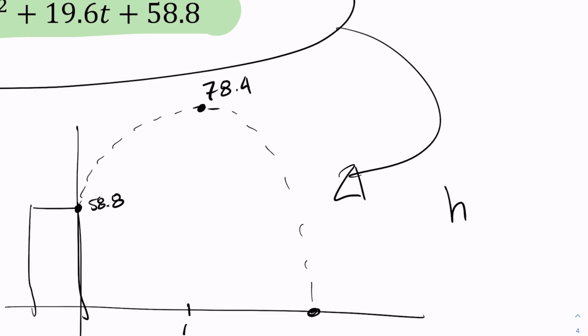So I'll put that over here. And then as it's coming down, it passes the original height that it was launched from. Let's say around this point, let's say 45 meters, it will be 45 meters above the ground. So the question is, when does that happen? At what time t is it 45 meters above the ground?